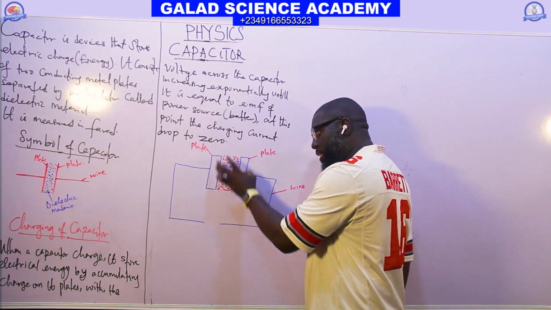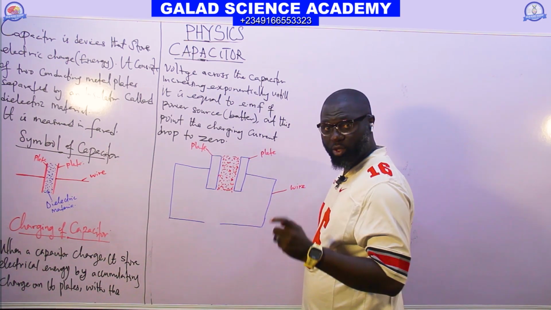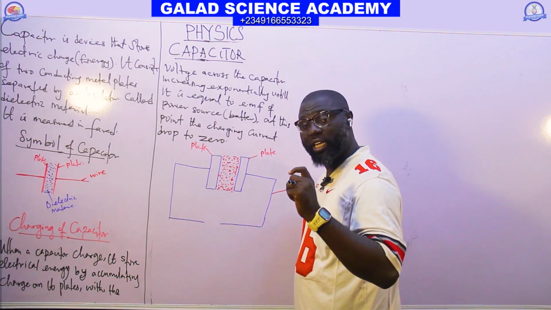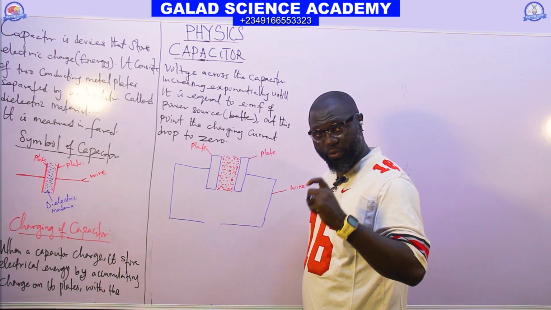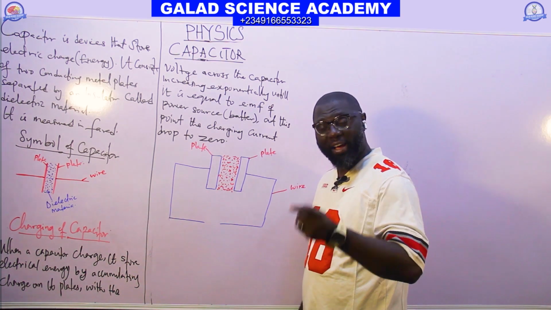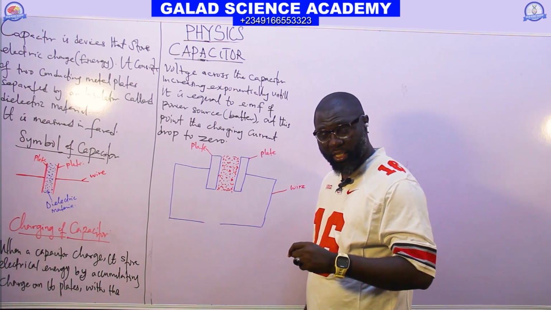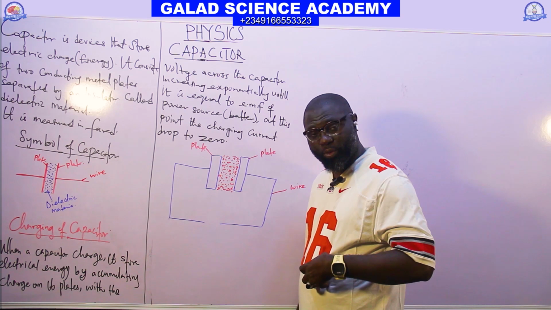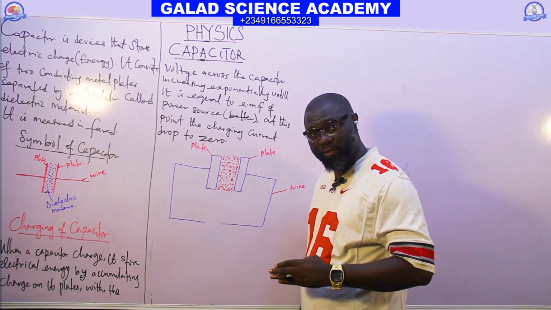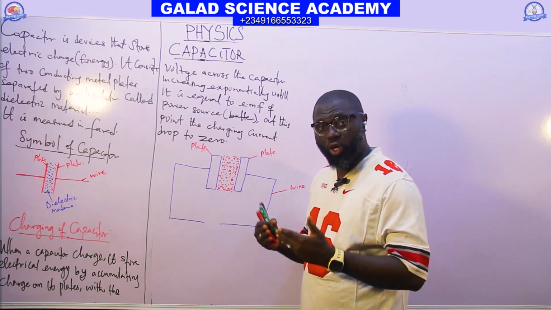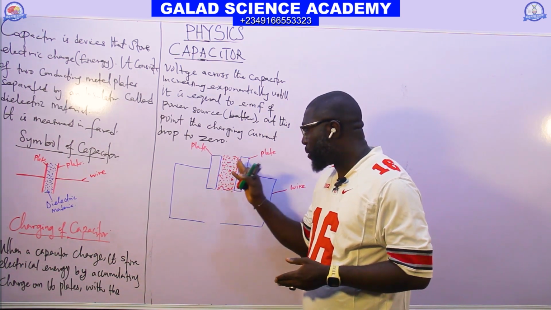No, they are neutral. If you still remember from electromagnetic induction and the electrostatic field, charging by induction, I said that every neutral body has both positive and negative charge, but the magnitudes are equal, so they cancel each other. That's why the body is neutral.